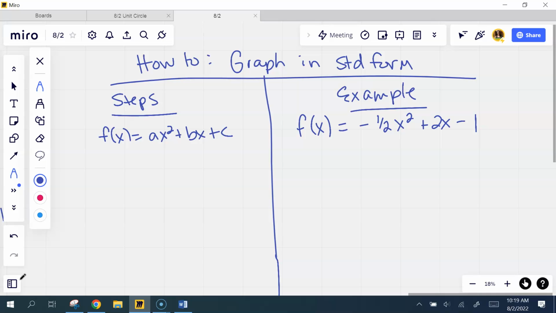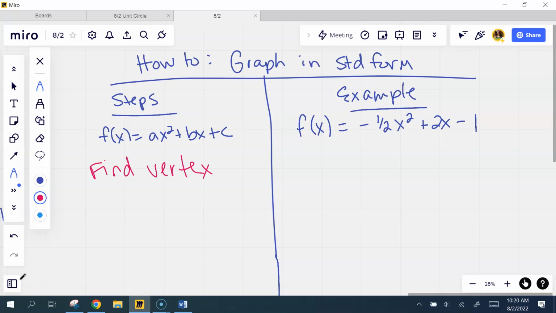That's a good thing. Very first thing I want to do, we talked about two important aspects of that parabola. We said one were the x-intercepts, which are also called the roots or the zeros. We also said the other important part was the what? Starts with a V, the vertex. So the first thing we're going to do is find the vertex. By finding the vertex, we are also finding the what?